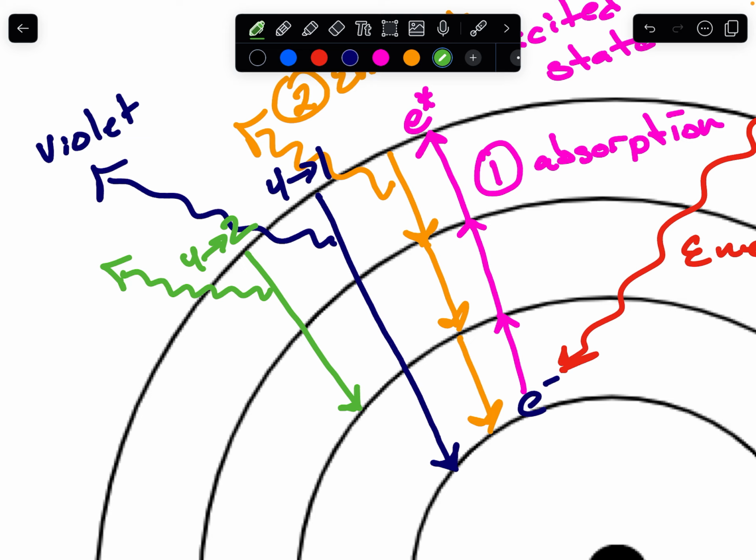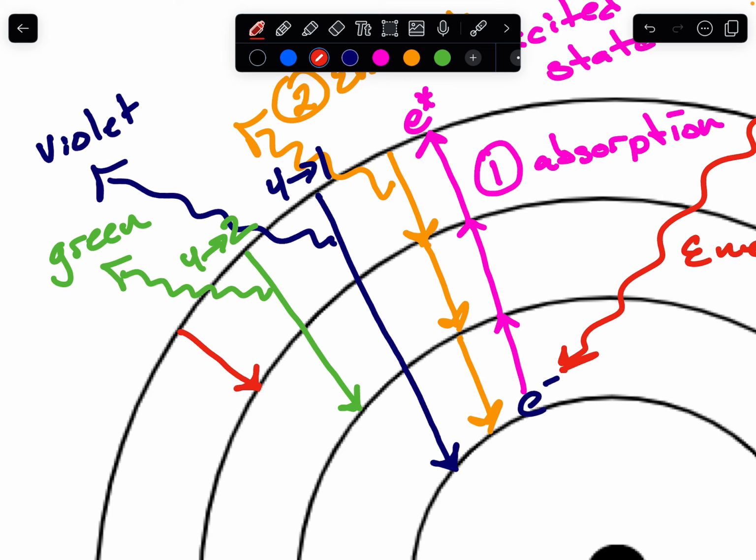Okay, so I'm going to be somewhere in between in my colors. Okay, so this one's going to be closer to green light. Okay, because it's a smaller transition, less energy. Finally, if I only drop from 4 to 3, okay, I'm only releasing a small amount of energy.